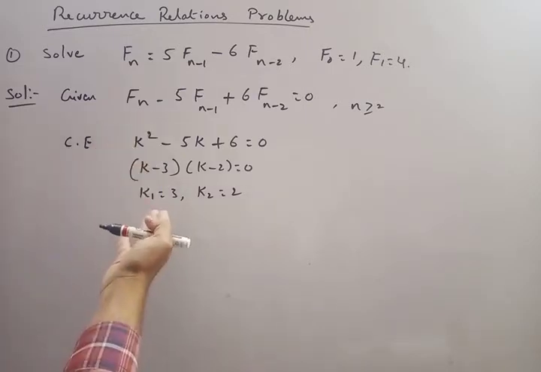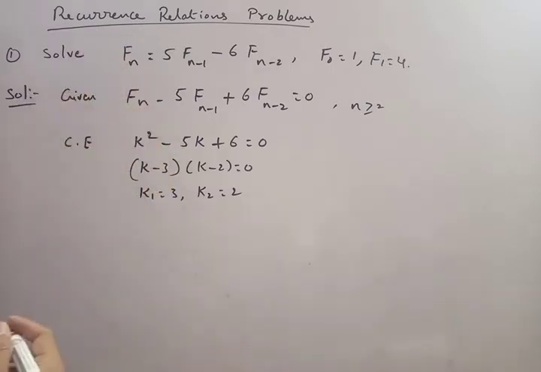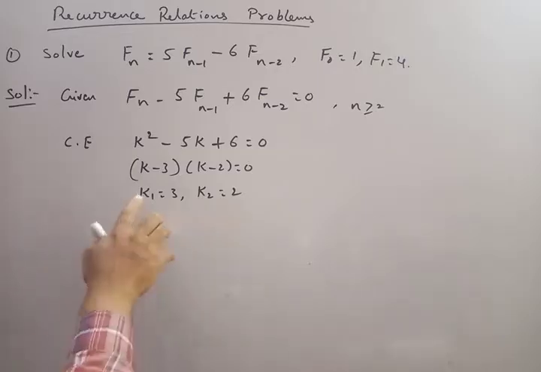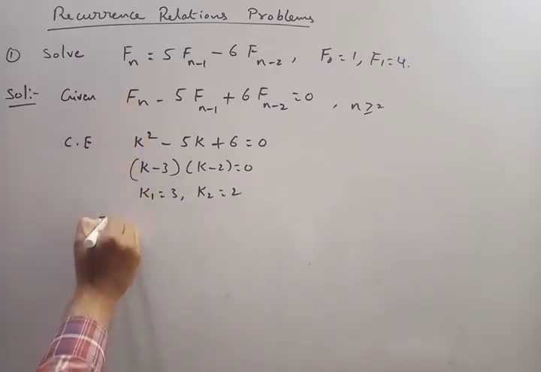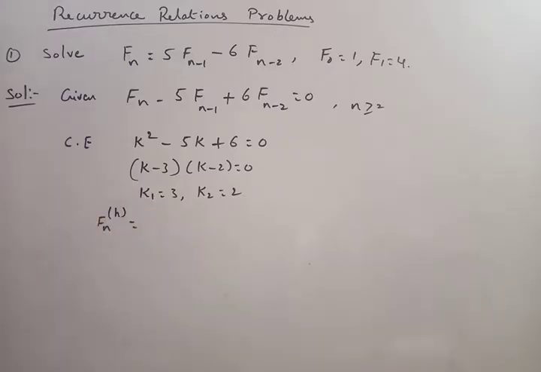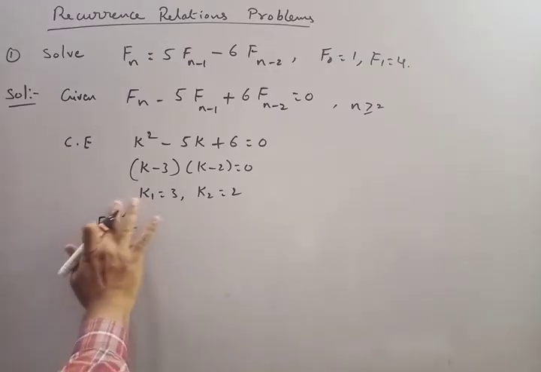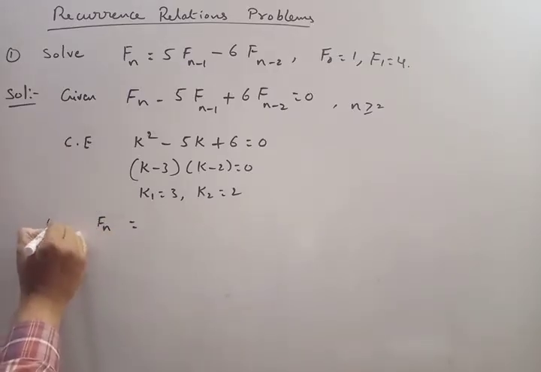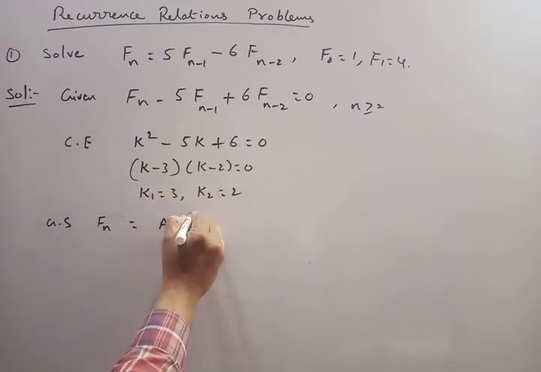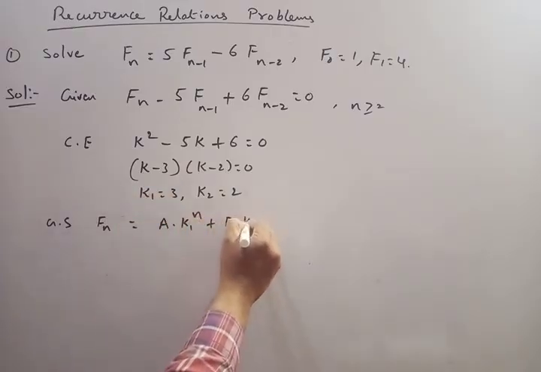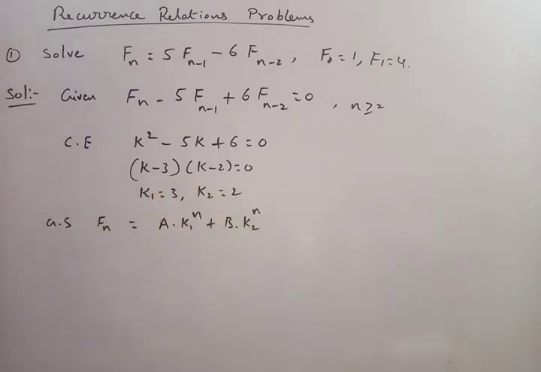These methods we already did in Mathematics 2, higher order linear differential equations. Now two different roots, so this is the characteristic equation, fn homogeneous. Here there is no right hand side, so you can directly take the general solution: fn = a k1^n + b k2^n, because the two roots are different.